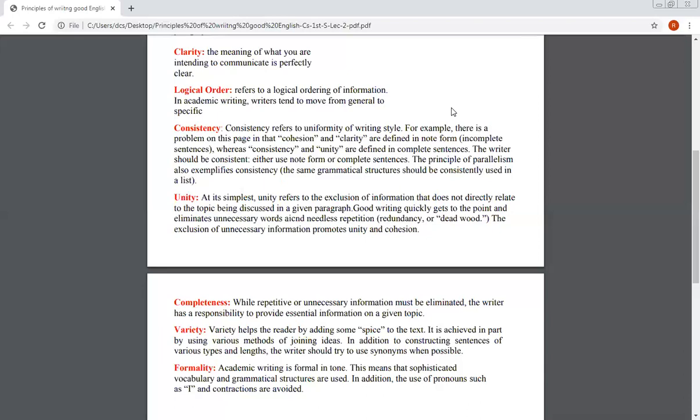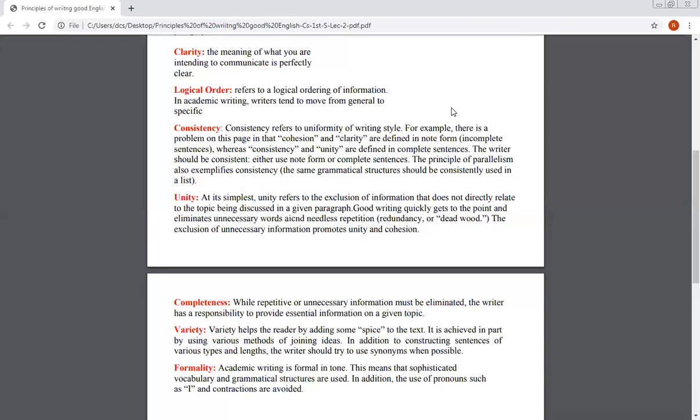There comes another word which is very comprehensive in meaning: completeness. What does it stand for? Repetitive or unnecessary information must be eliminated. We eliminate, exclude something which is repetitive and something which is unnecessary.